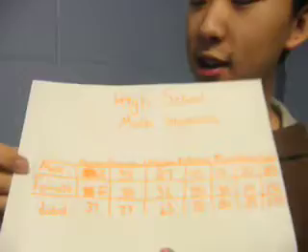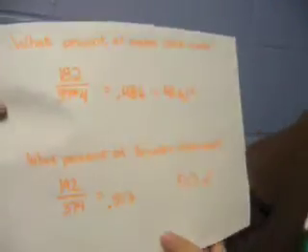Here is a question about high school math students. Here's the chart. It's divided by male and female students taking math classes. The question is what percent of math students are male.